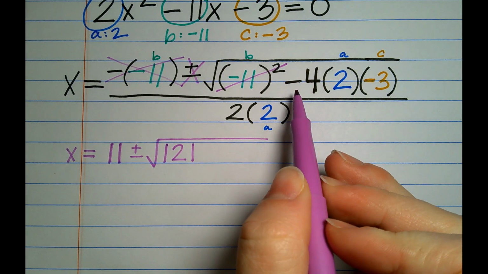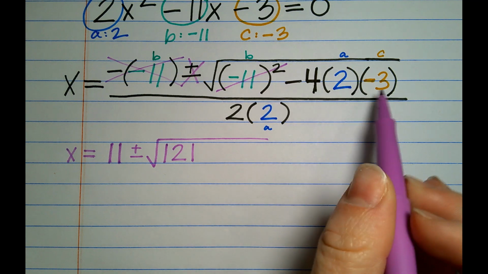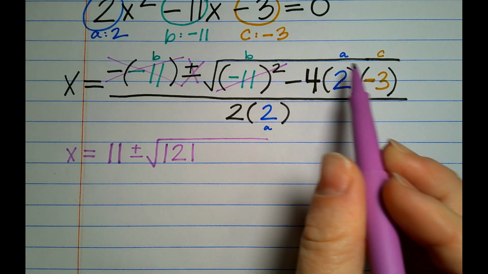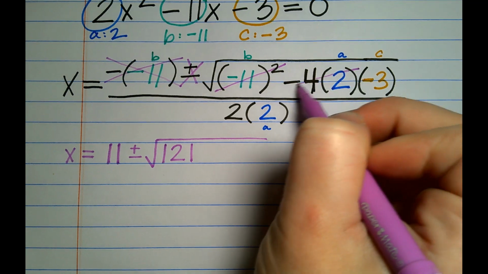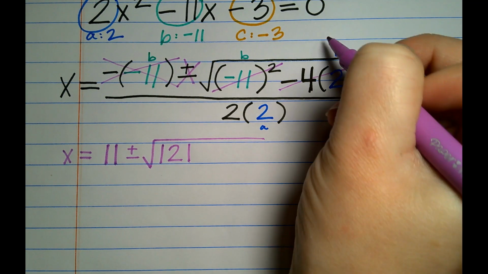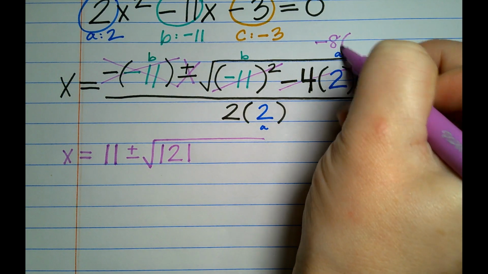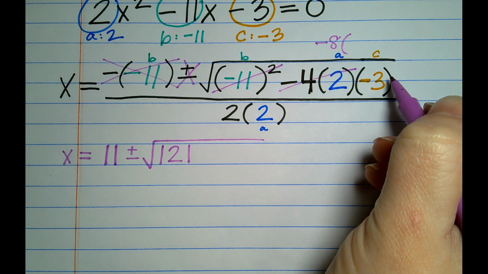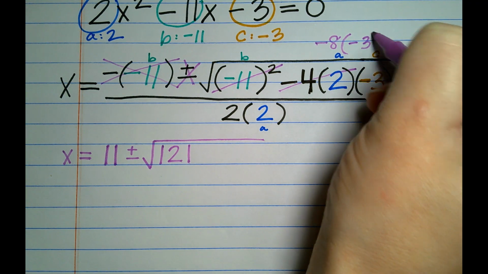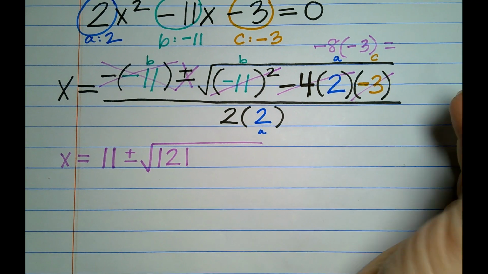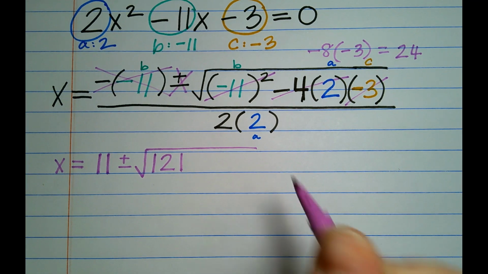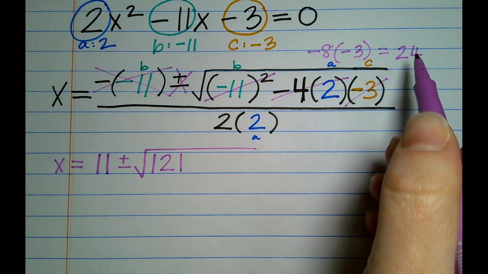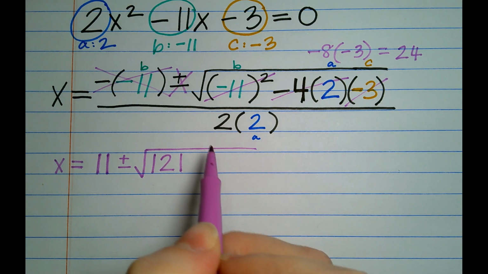Now, what comes next? Negative 4 times 2. Negative 4 times 2, what is that? Negative 8. Negative 8 times negative 3. That makes it positive 24. Yes, positive 24. So I just wrote that up here, and now I'm going to bring the 24 down.